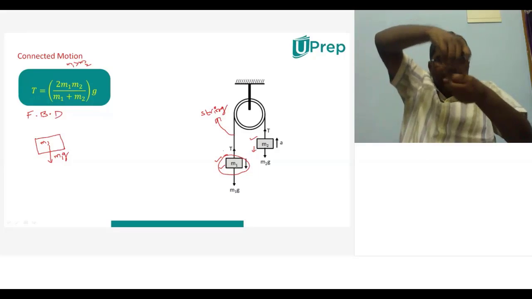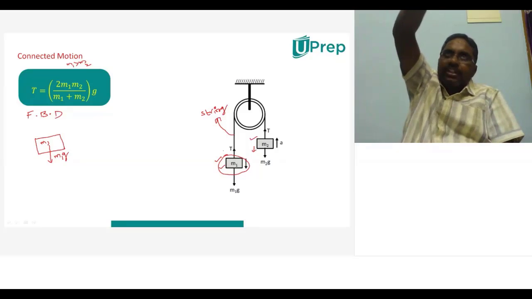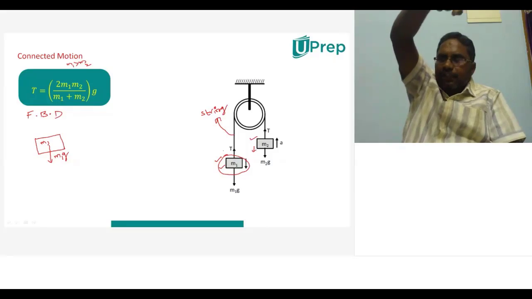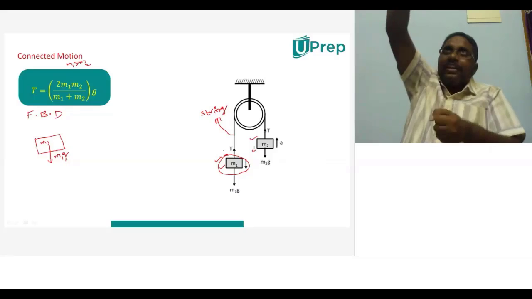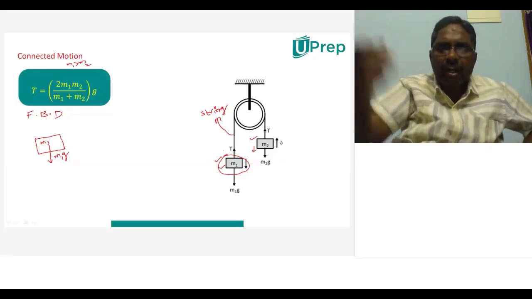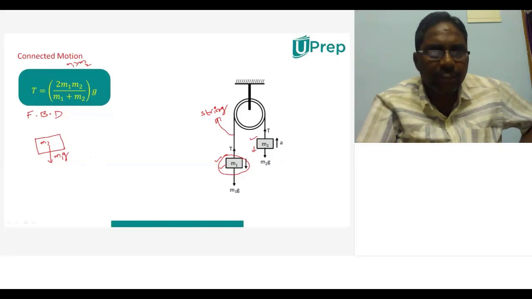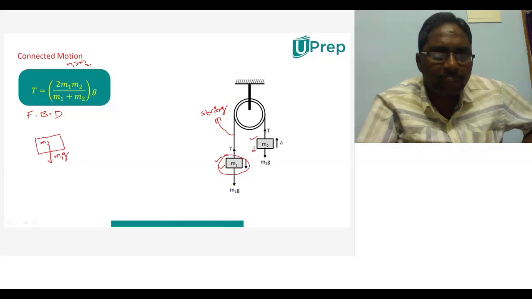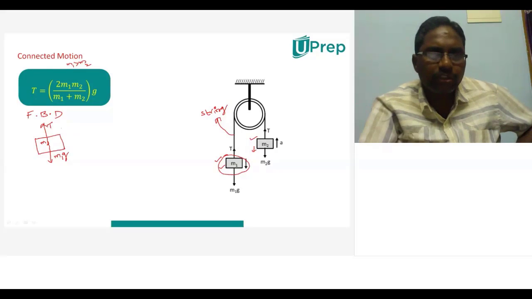This particular object is held by a string with another mass, and this M2 mass will pull this particular M1 object. So tension will always act in upward direction in this case. Here the tensional force will act in upward direction from this center point.